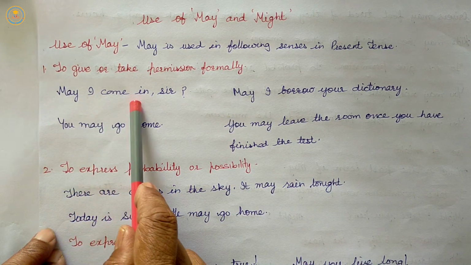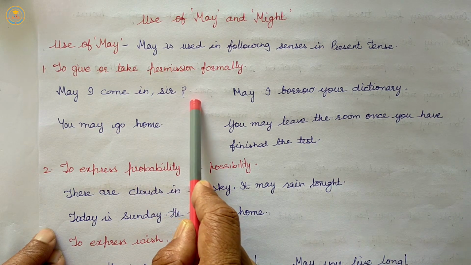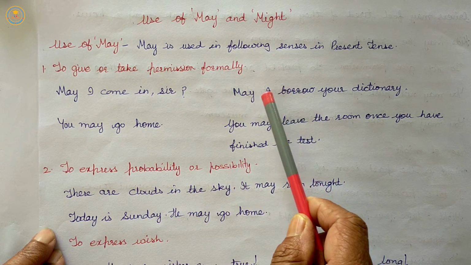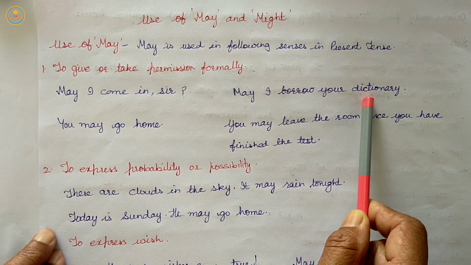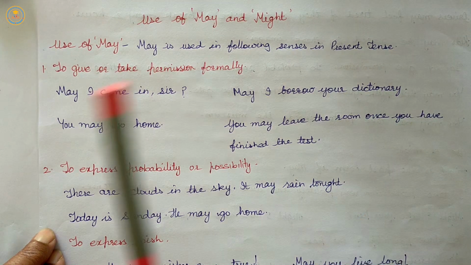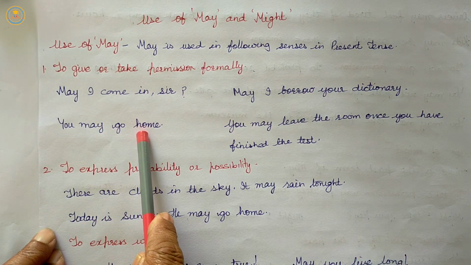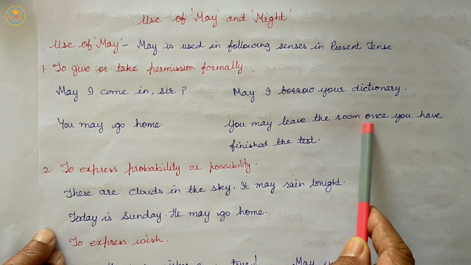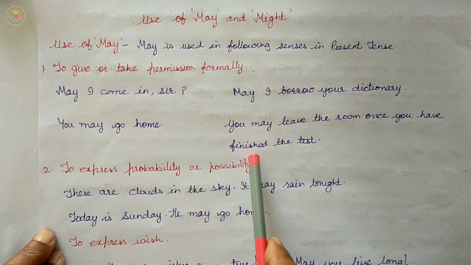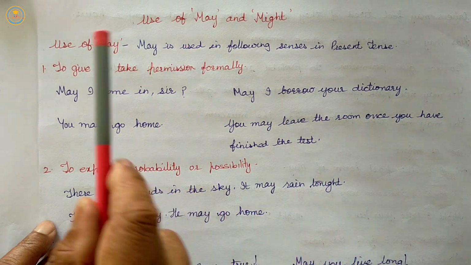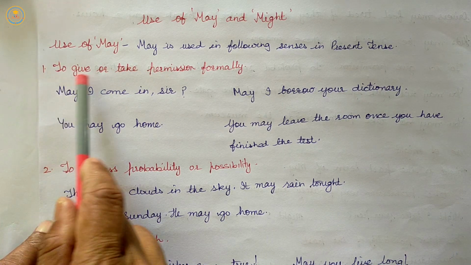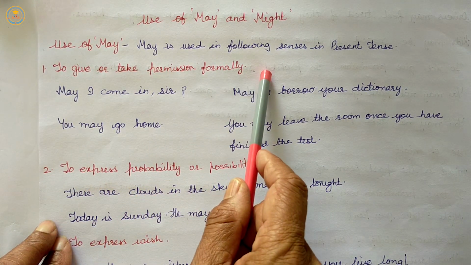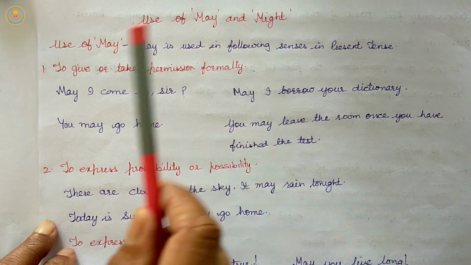Example: May I come in, sir? May I borrow your dictionary? You may go home. You may leave the room once you have finished the test. So, to give or take permission formally, we use may in the sentence.